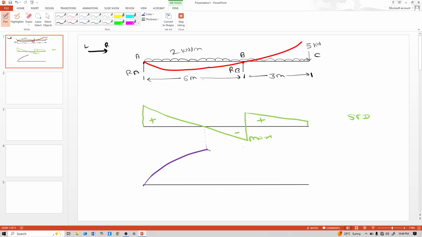Now it drops down, and at B it is negative, and at C it is like this, negative, because here hogging deflection occurs. That's why I judge this like this. Here maximum bending moment occurs.